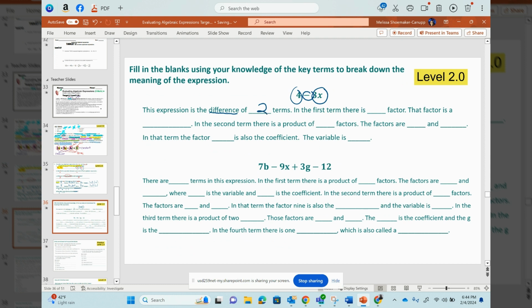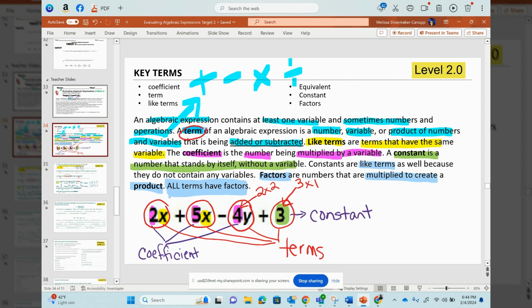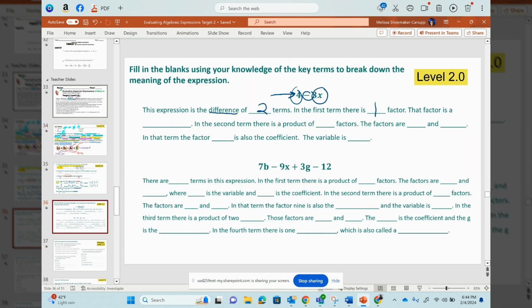In the first term, do you see the first term? There is 1 factor. What is it? I know that it's a constant because it is not with a variable.